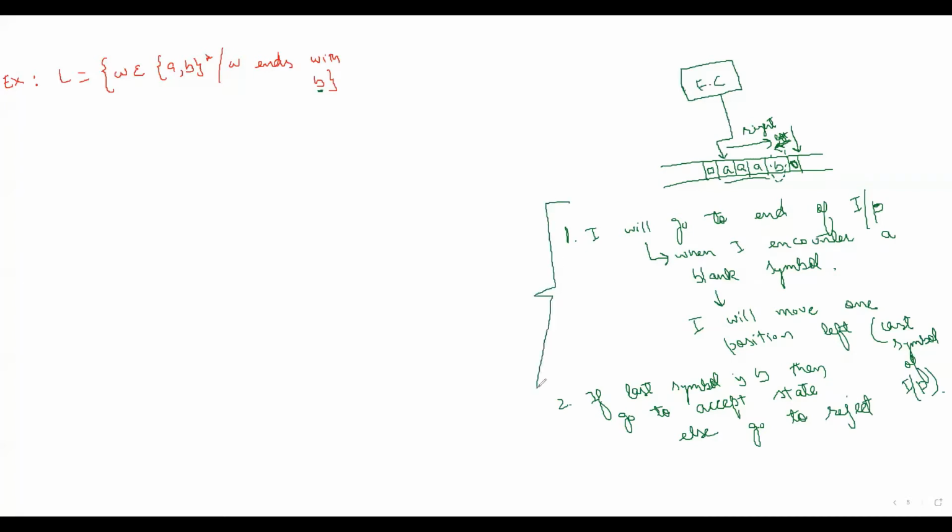Now using this algorithm, I will design a Turing machine. I will design it as a graphical representation. So let's say the initial state is Q0. In the state Q0, we can name this state. So let's say this is our start, this is our home.